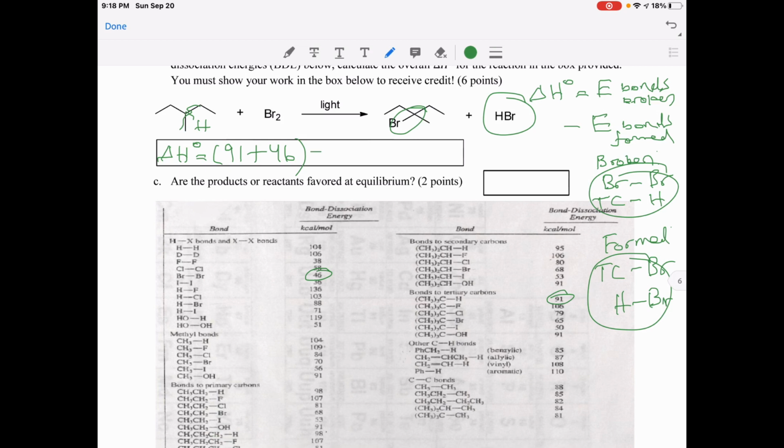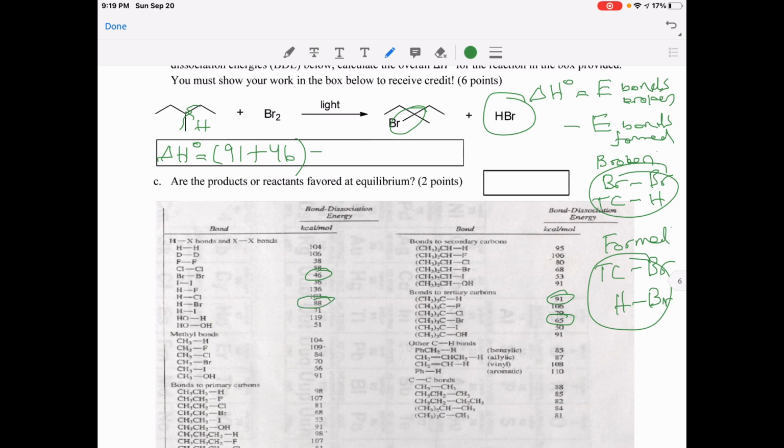And now we have to find the total energy of the bonds that are formed. The bonds that are formed are the tertiary carbon and the bromine, and HBr. The tertiary carbon and the bromine, from the table, is 65 kilocalories per mole. The energy of the HBr bond is 88 kilocalories per mole.